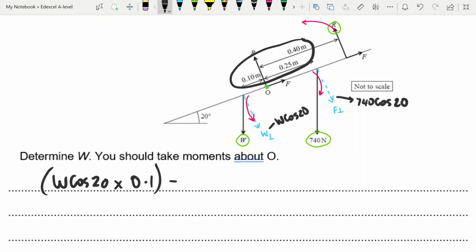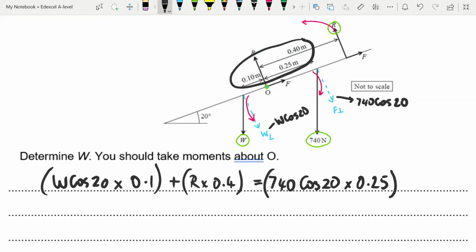We have to add the moment of R to that, and that's going to be R times its distance from the pivot, 0.4. And then that's going to balance out with our 740 cos 20 times its distance from the pivot, which is 0.25. Now, you should already see a snag, because of course we have two unknowns in this equation.